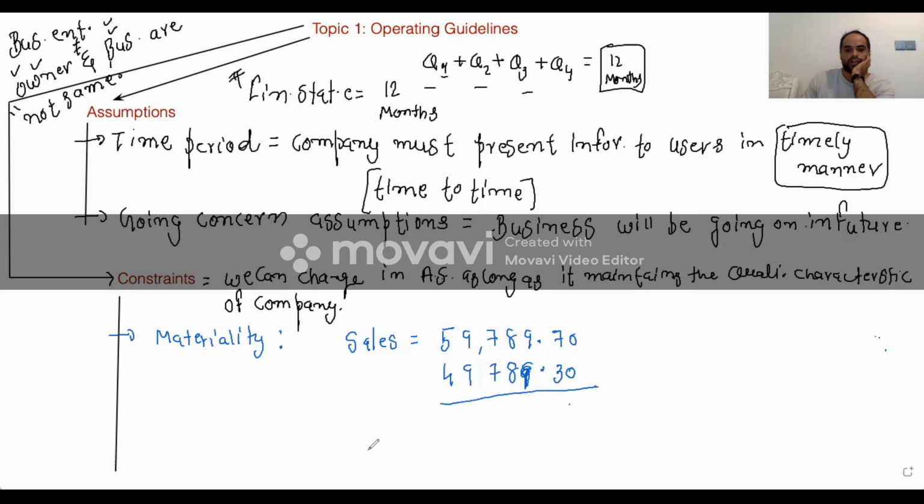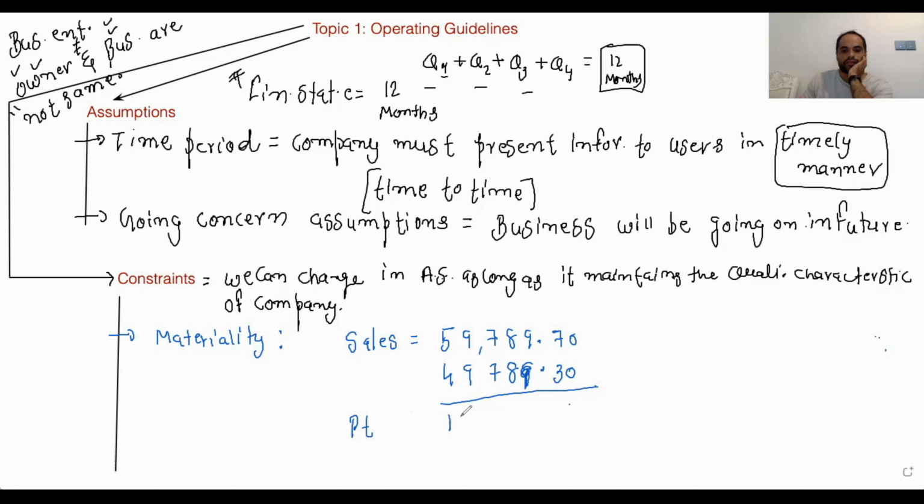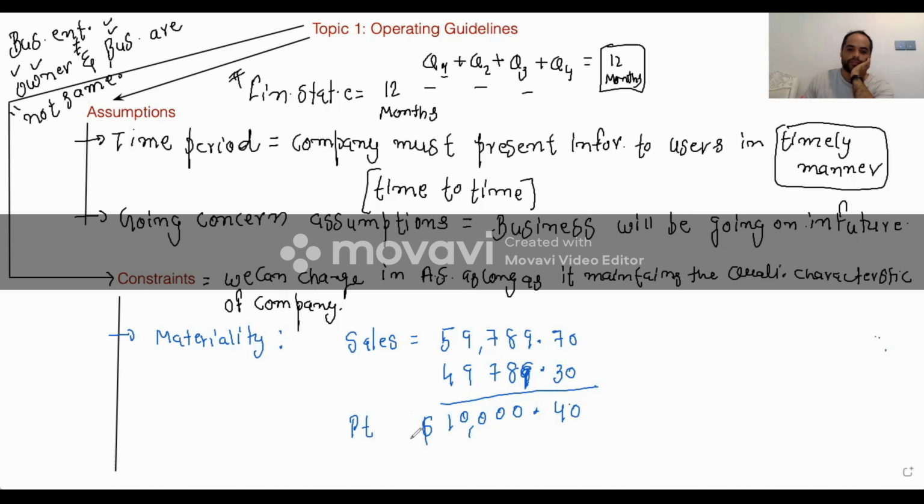So how much is the profit? Profit is 10,000 and 40 cents, right? That is your profit.